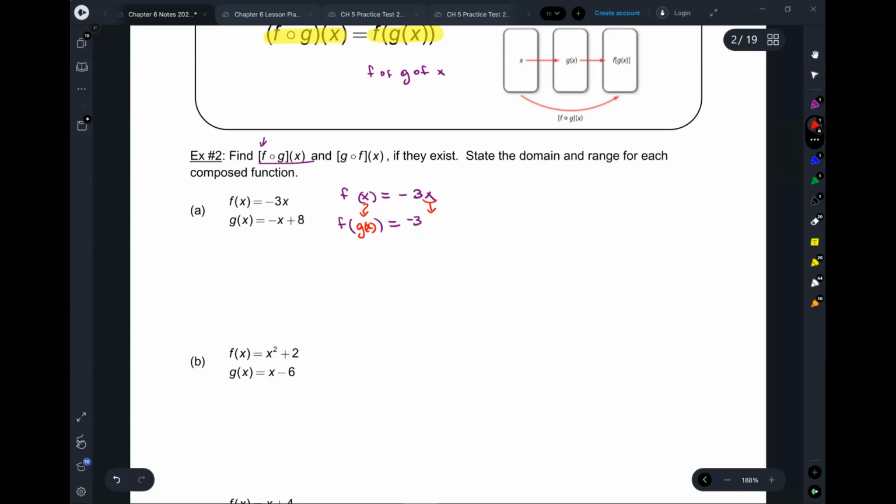Every single x gets replaced by g of x. What is g of x in this problem? Negative x plus 8. So then f of g of x will be 3x minus 24. Okay?